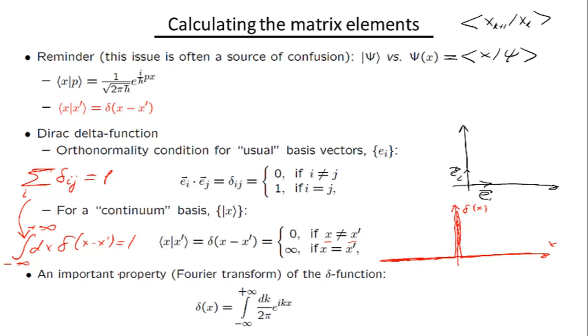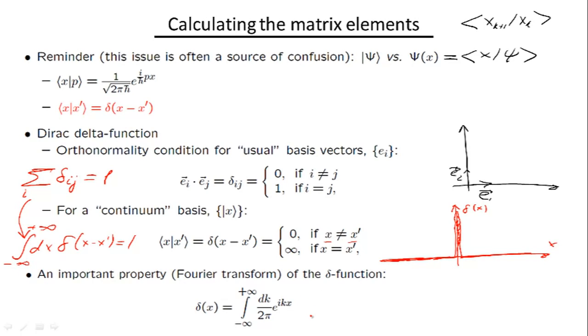Now, this Dirac delta function has many properties that can be discussed, but I don't have time for that now. Let me just mention one important property, which is essentially the Fourier transform of the delta function. We know that any reasonable function, and in this case actually an unreasonable function too, can be expanded in terms of plane wave like functions, and this expansion is called the Fourier transform.